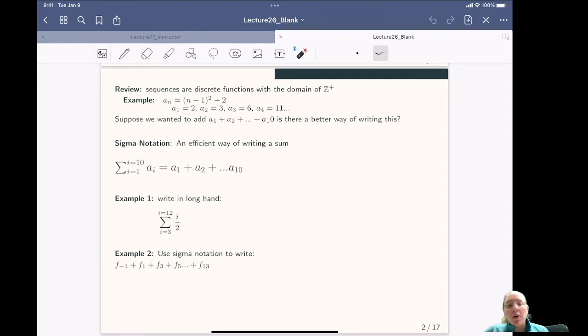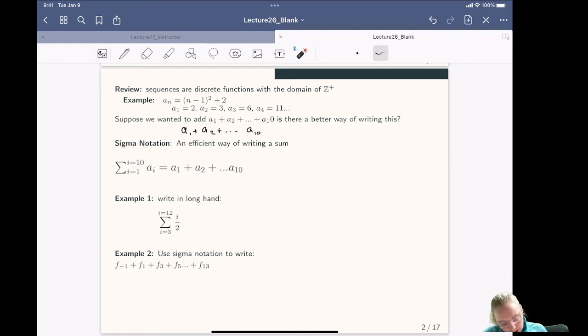All right, suppose that we want to add all of the values of this sequence together. Is there a better way of doing this? Okay, so if we wanted to do it longhand, we would have to write a1 plus a2 plus dot dot dot up to a10. And that's really annoying, but there is luckily something called sigma notation, which lets us do this really efficiently.